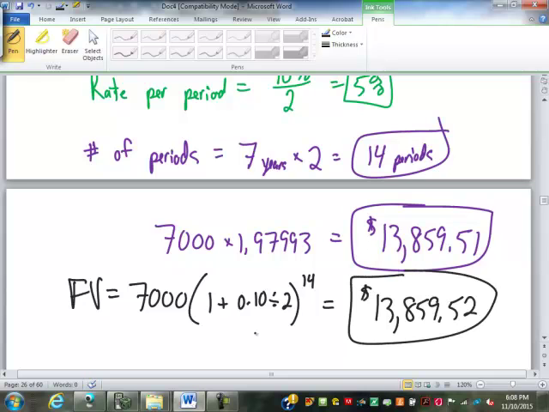A penny off. The reason for that is the formula is exact. This is the exact correct answer right here.